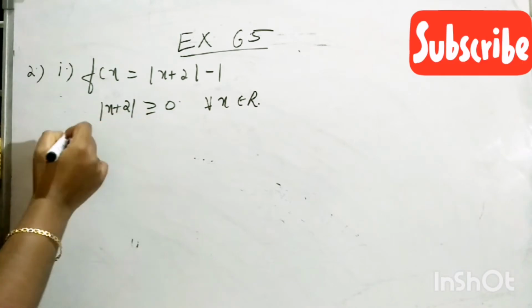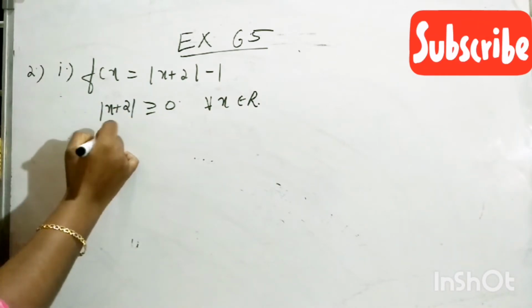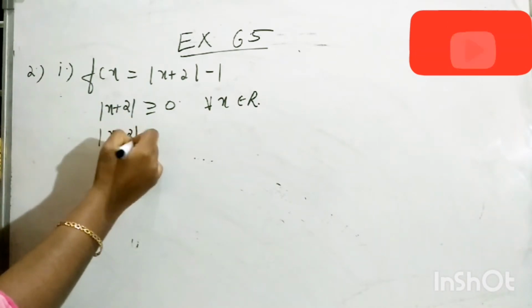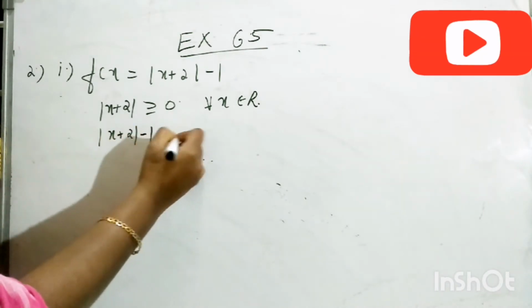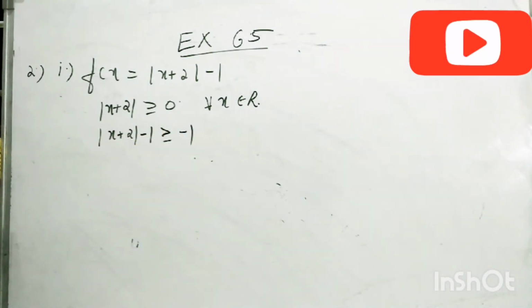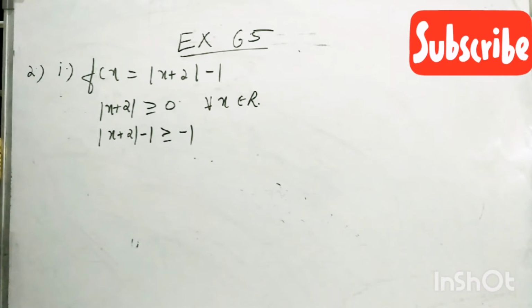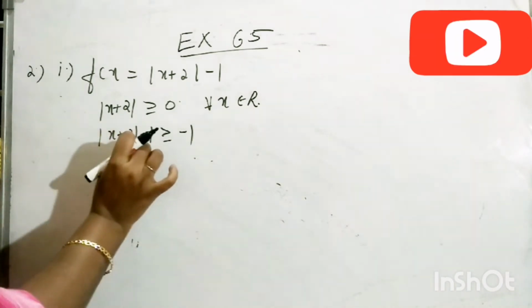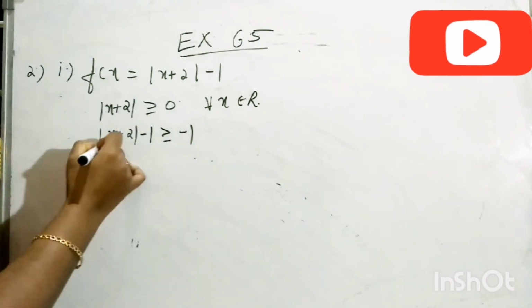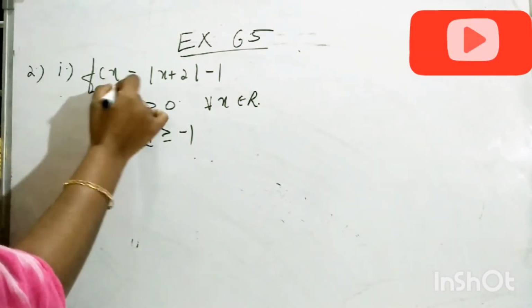Now I am going to do one operation on this inequality: on both sides I am going to do minus 1. So mod of x plus 2 minus 1 is greater than or equal to minus 1. What is this actually? This is our f of x.